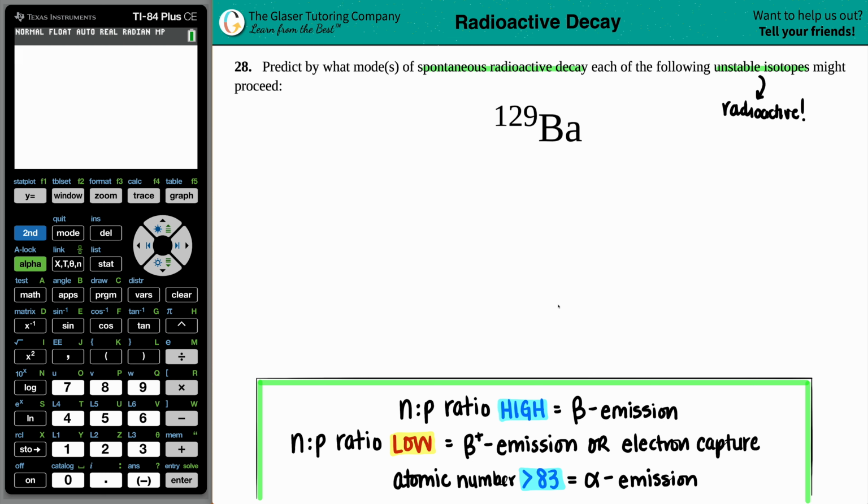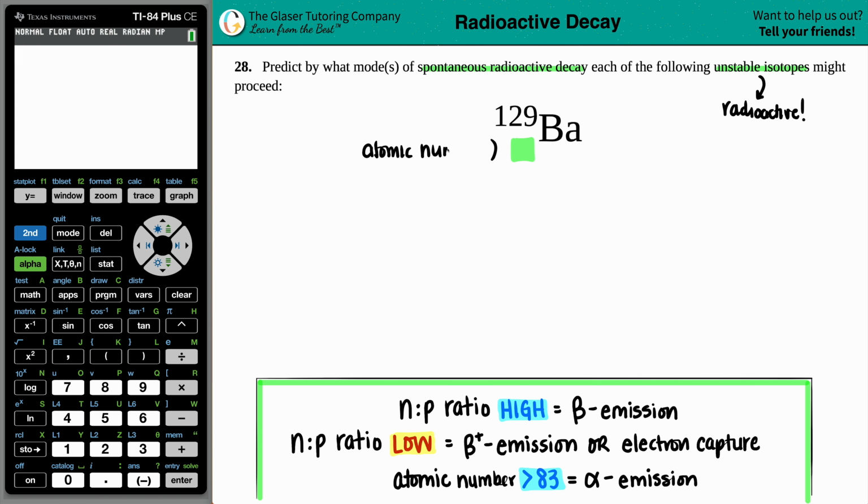Well, the first thing I would always rule out, or maybe rule in, is alpha emission. Alpha emission is the predominant form of decay when you have large nuclei or isotopes, so you're looking for an atomic number that's way high, greater than 83. On my periodic table, the lower number is always the atomic number.